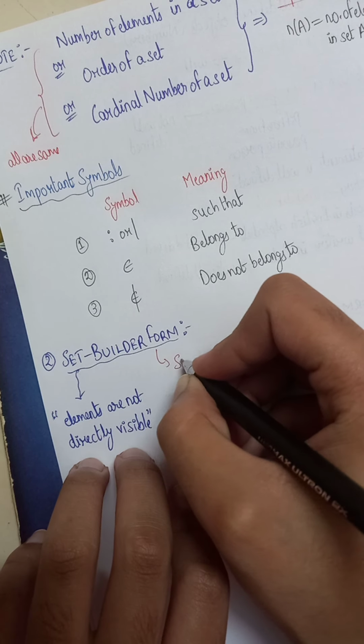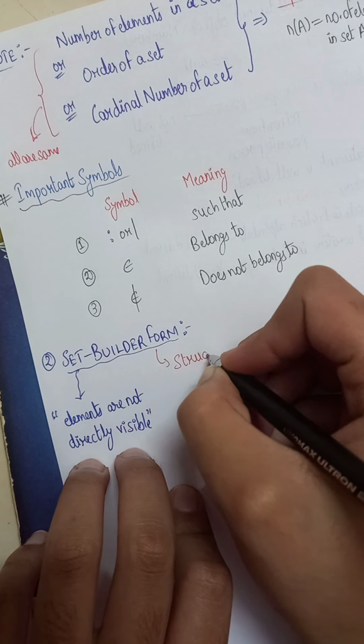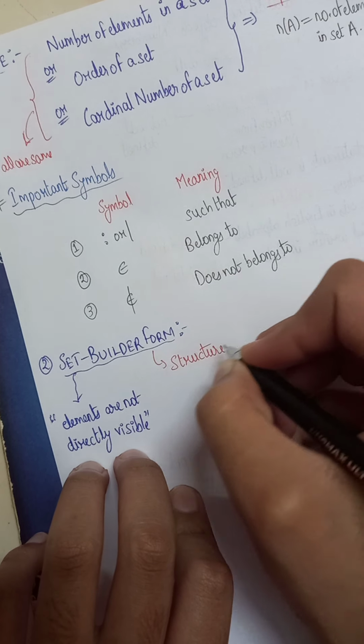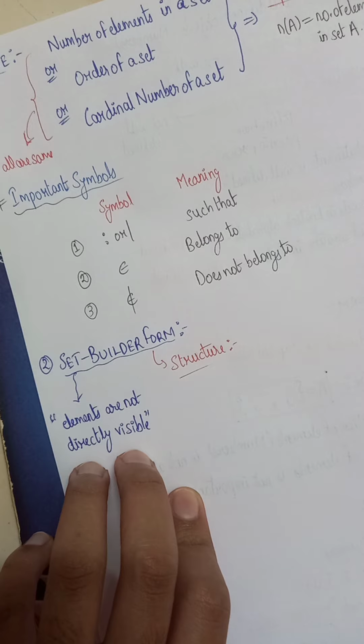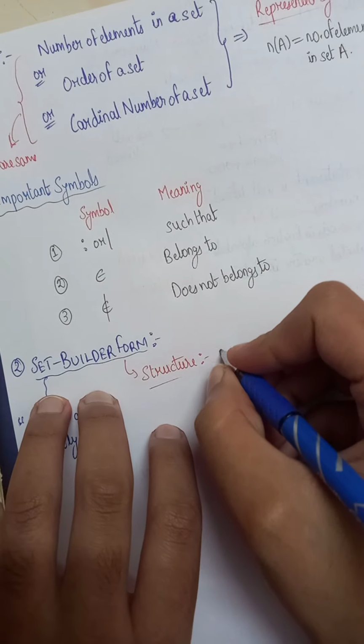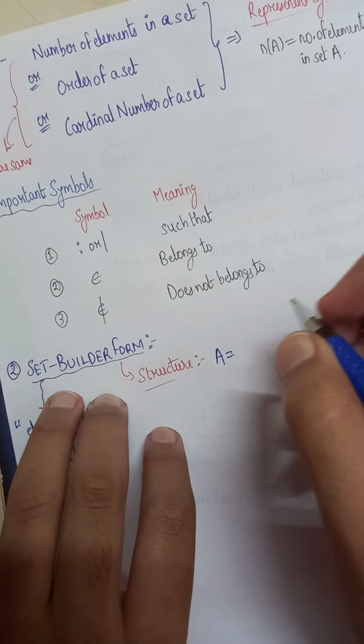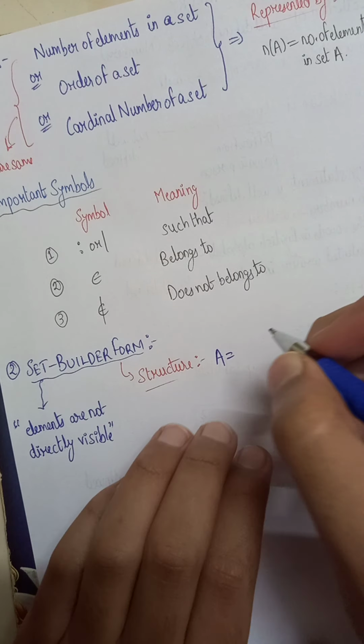What will be its structure? It is represented as capital A, as yesterday we studied that every set is denoted by a capital letter.